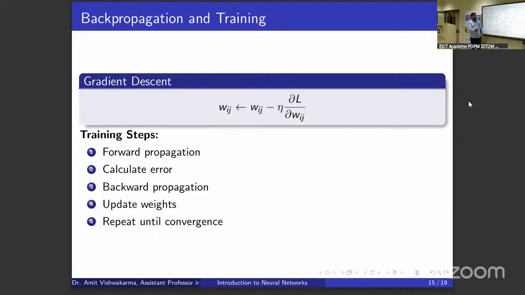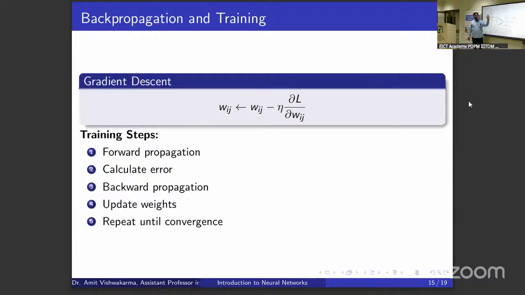So first of all, I will update this W. There is no issue, we can update this, because there is no dependency. But this W00 updation depends upon the values used somewhere here.